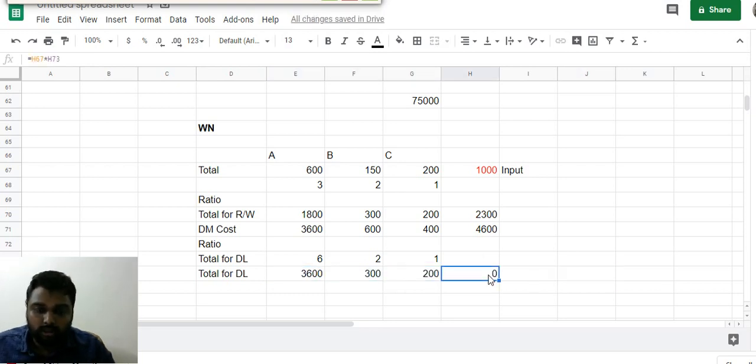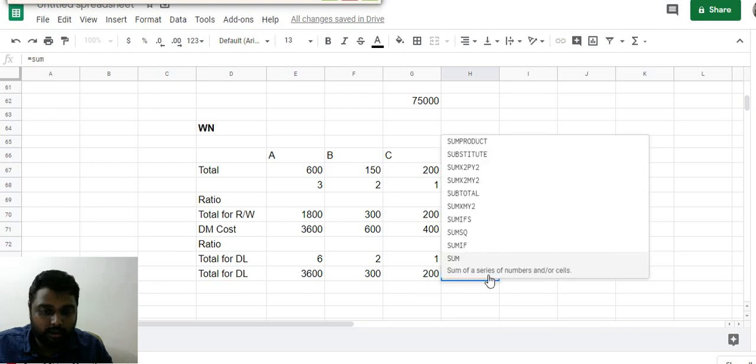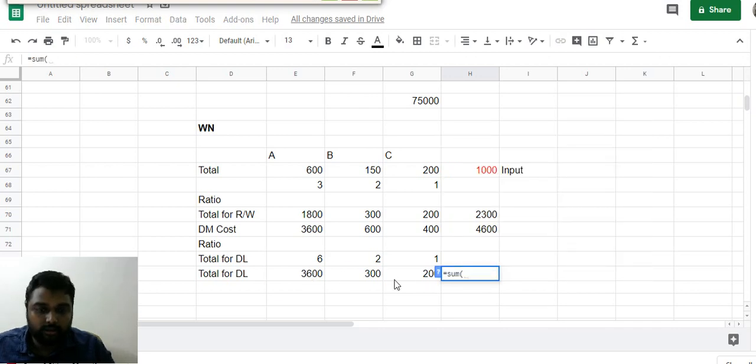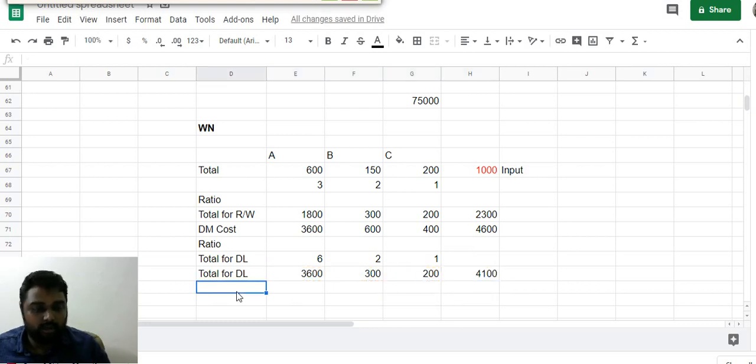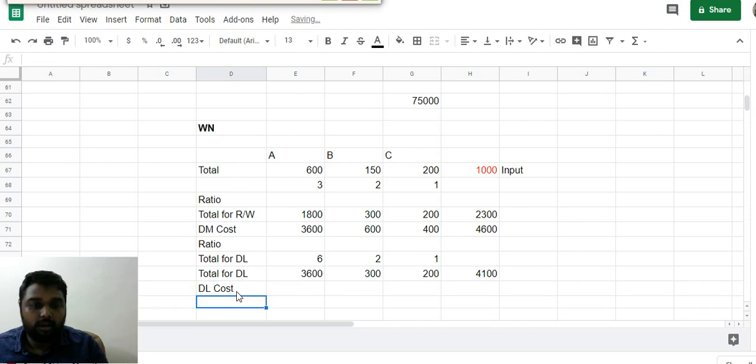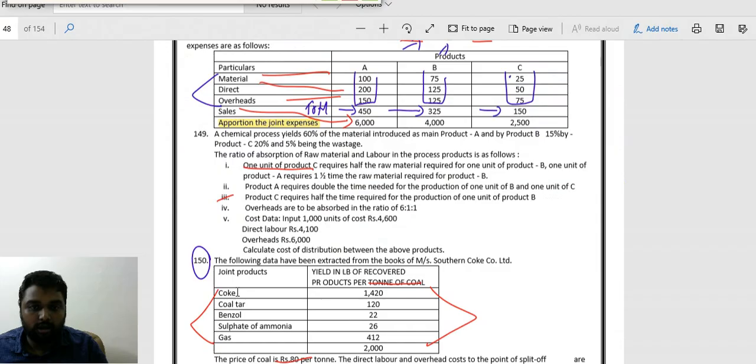So the sum total of the entire details will be 4100. Now we can apportion direct labor cost. What is the direct labor cost? Direct labor cost will be 4100.